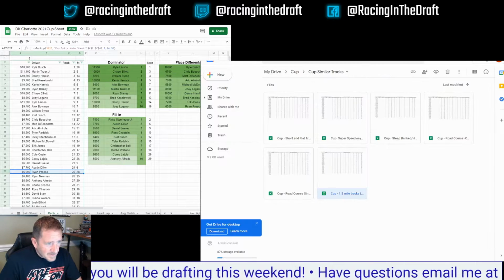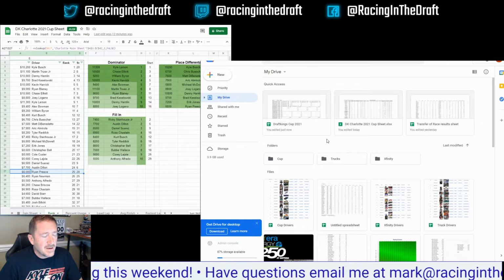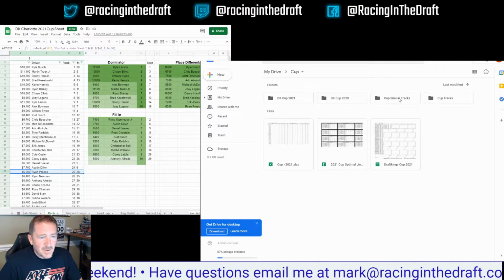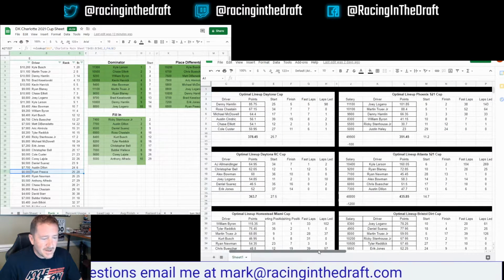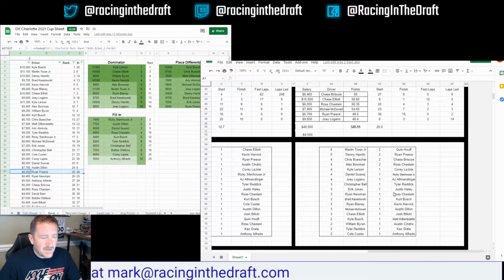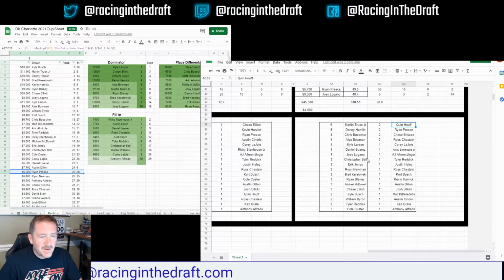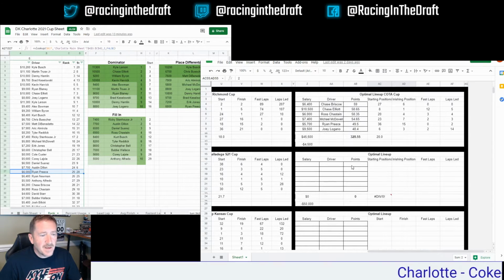There's a group of guys that I say never make the optimal lineups, and I've got a tracker that shows how many optimal lineups these guys have fallen into. Quinn Hoff has fallen into 2 optimal lineups this year out of 14 races. So I say don't use these guys, but there are spots where they do end up falling.